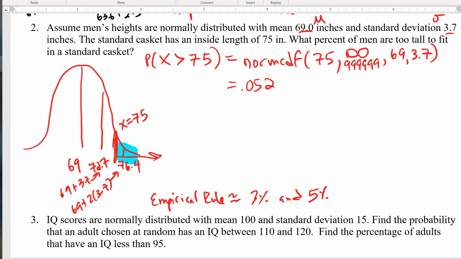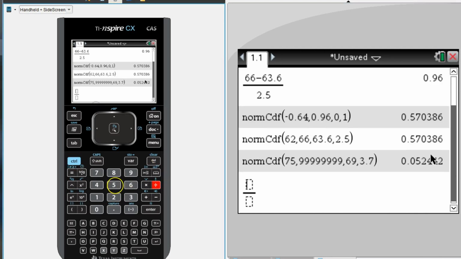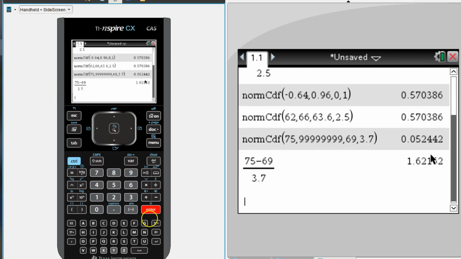Another option. You should be able to turn this into a z-score. 75 minus the mean, divided by the standard deviation. About 1.6216.